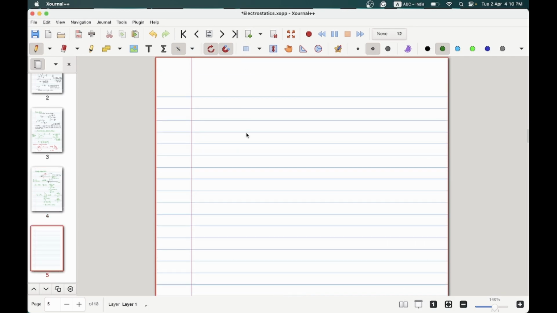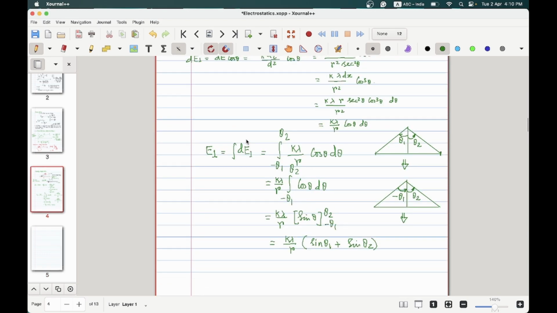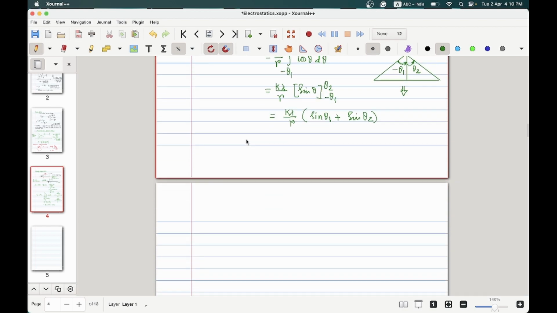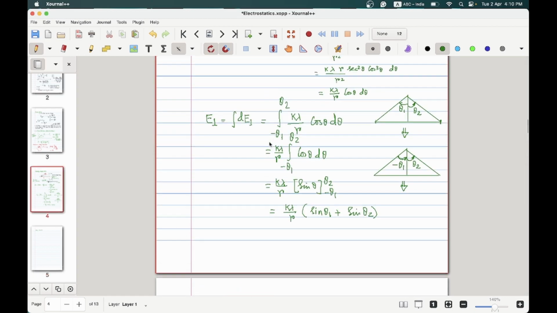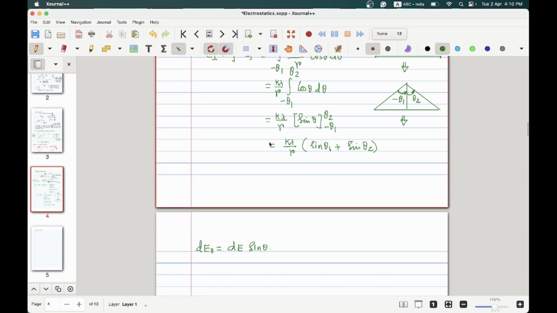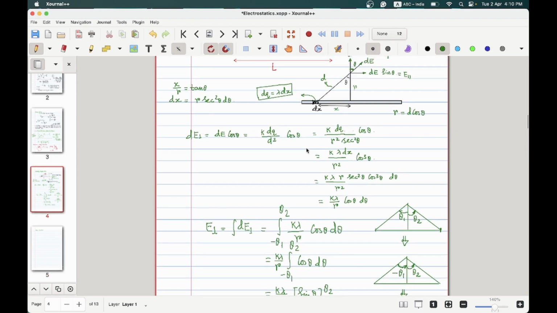Let us take another page and discuss the dE parallel. dE parallel is basically dE sin theta. Now if you see up to this point, this cos theta is due to this cos theta.